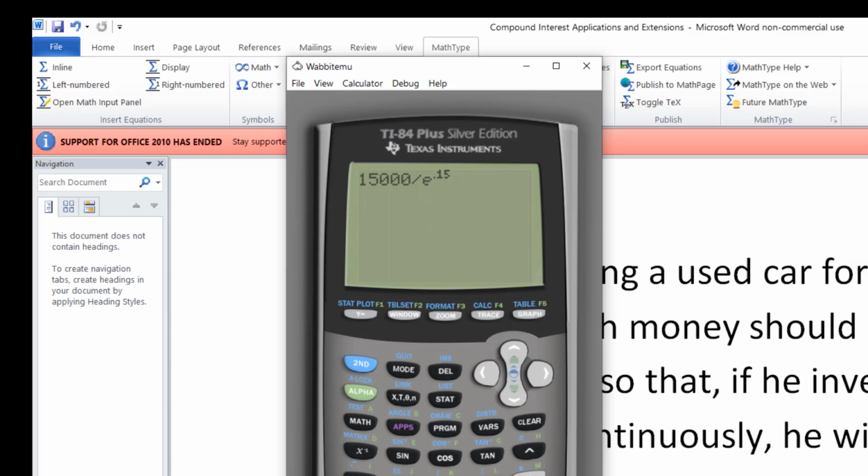Hit enter, and the present value then is going to be 12,910.62, rounded to the nearest cent. That's what he would have to invest now at that interest rate. And in 3 years, he would have the $15,000 that's needed to buy the car. Okay, thanks for watching. We'll see you next time.